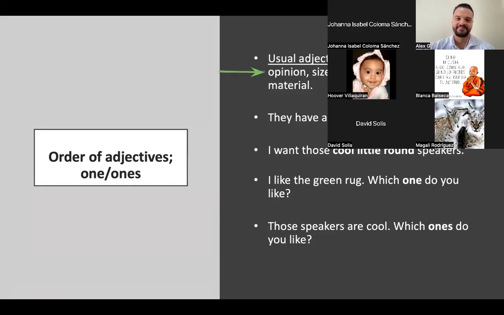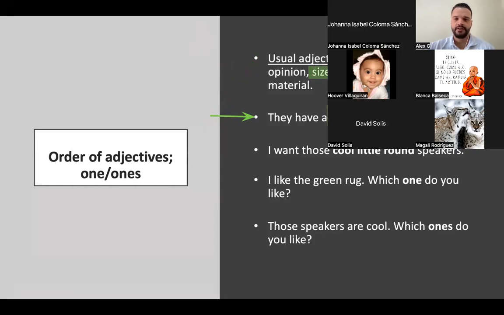Please read this. Usual adjective order: opinion, size, color, shape, nationality, material. Excellent. For example, Blanca: They have a huge Italian leather sofa. Excellent. So if we're talking about the size, we're going to say huge, very large.